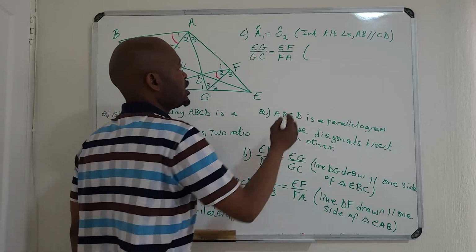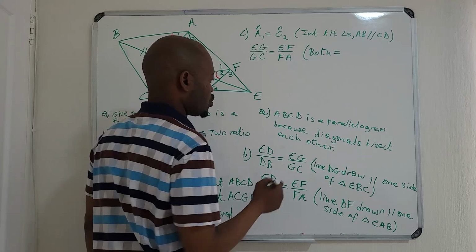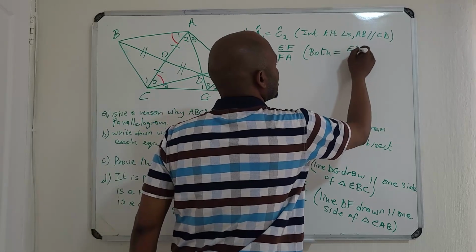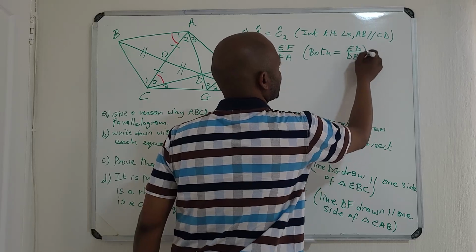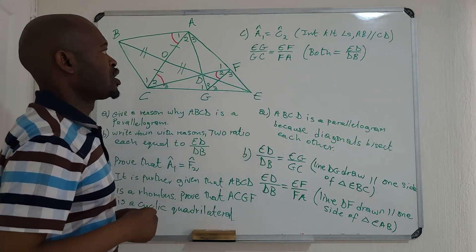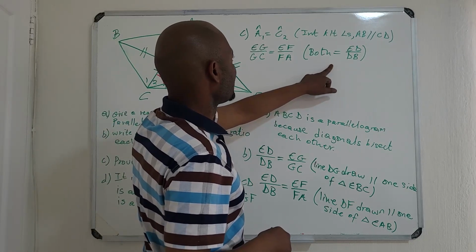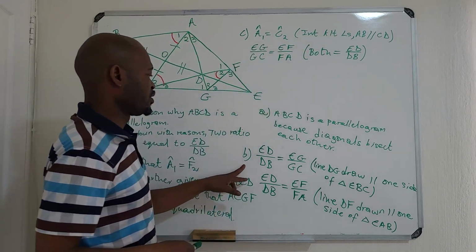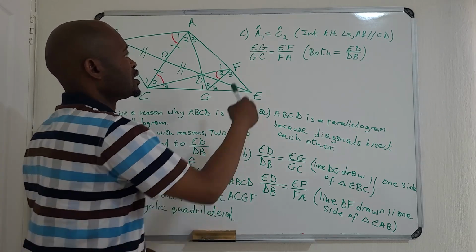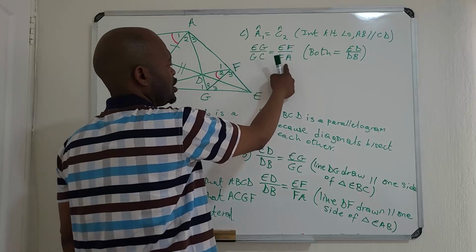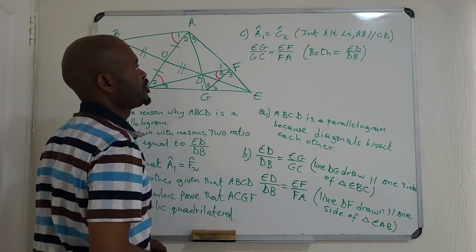Or both equal to ED over DB. Or we could have said the reason proved, because we proved it on B. But we just say these are equal because they both equal the same ratio.